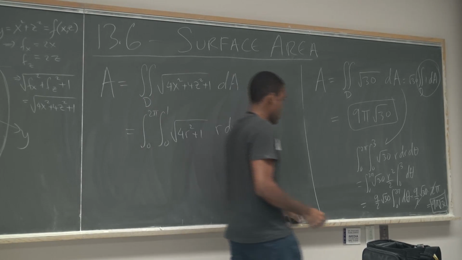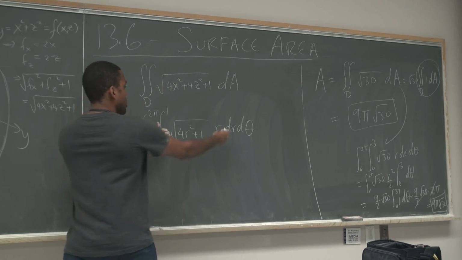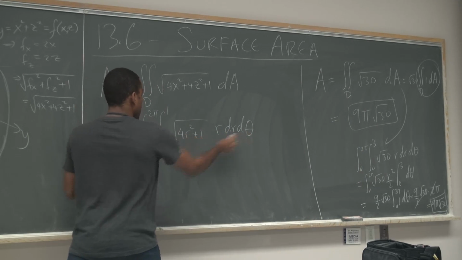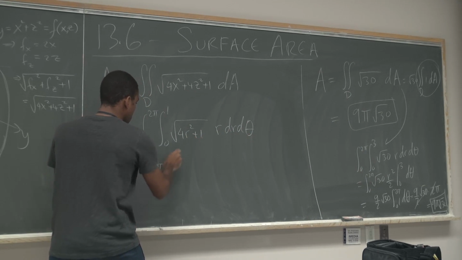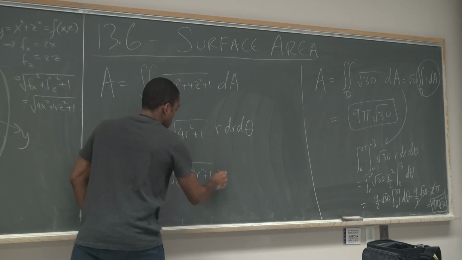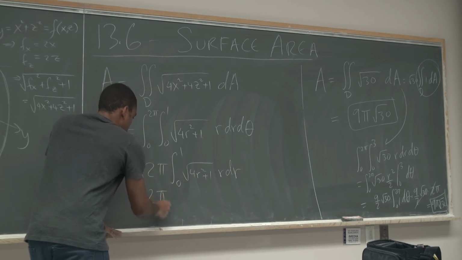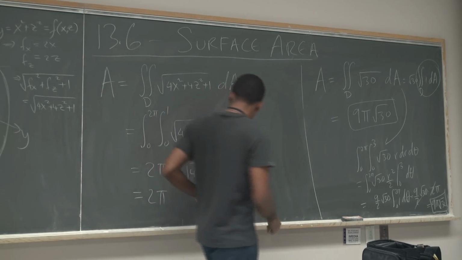So that integral will give me the area. And here, there are only r's. My d theta is just going to give me a 2 pi on the outside. So how do I integrate this?